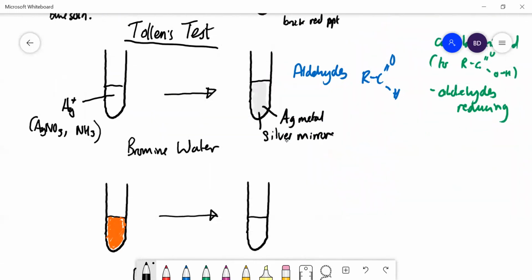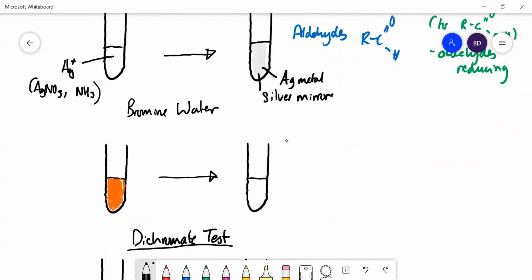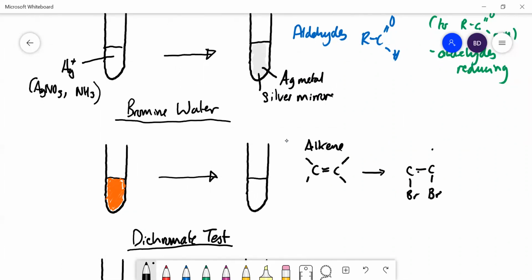Then we have this one, bromine water, which you've been doing this test in year 10. And of course, this is a test for an alkene, a carbon-carbon double bond. What happens is you get an electrophilic addition across that to form the 1,2-dibromo compound, depending on what the alkene is.